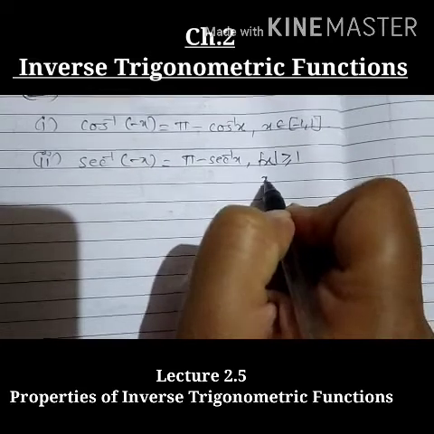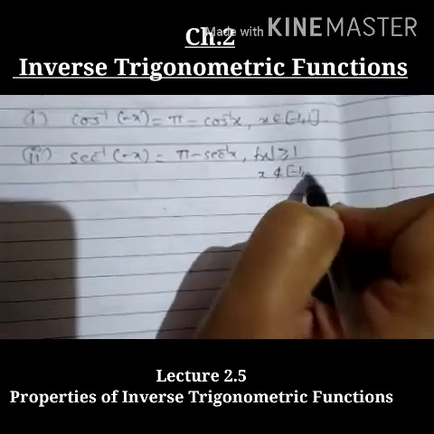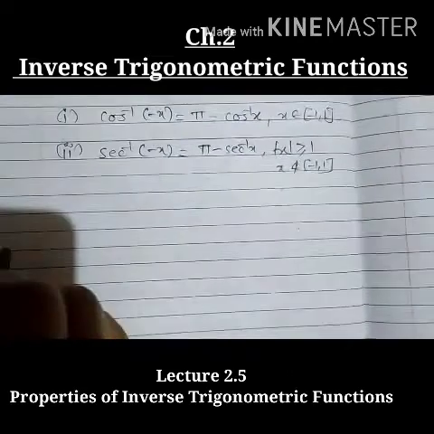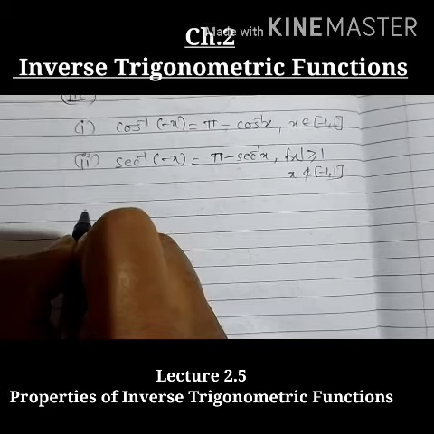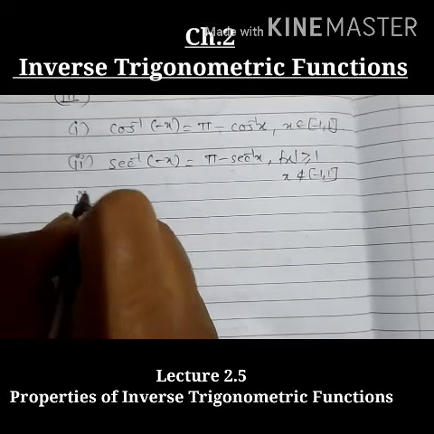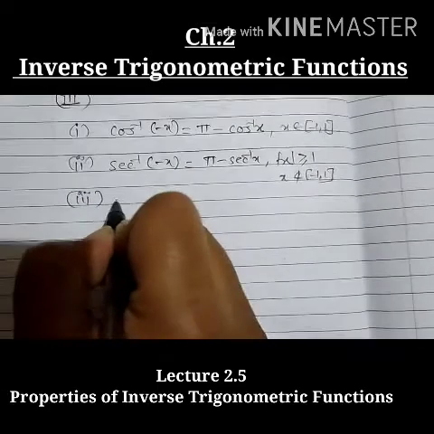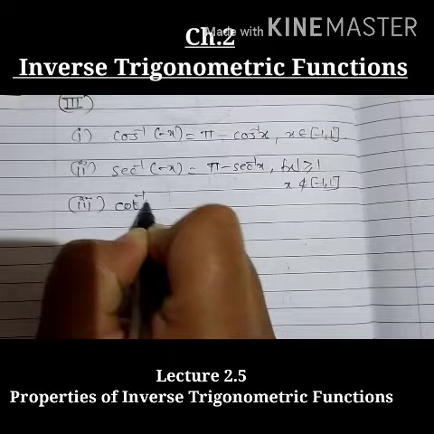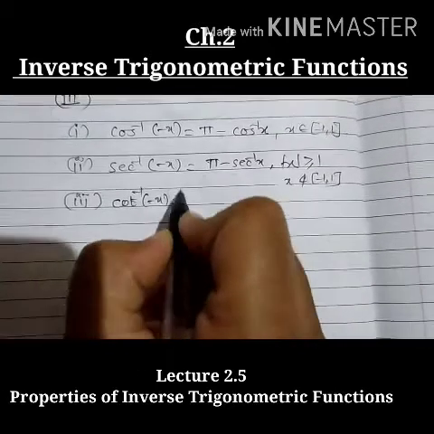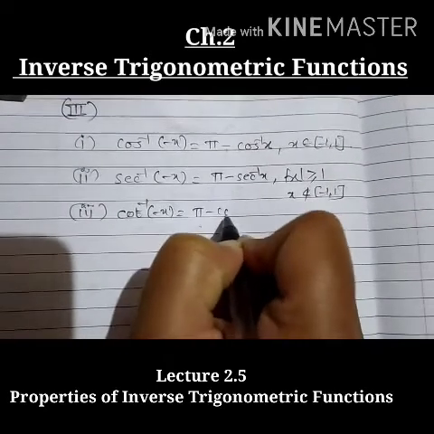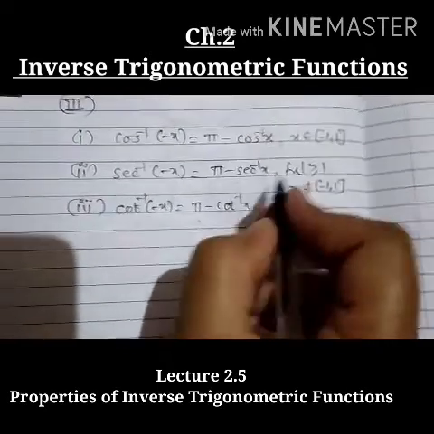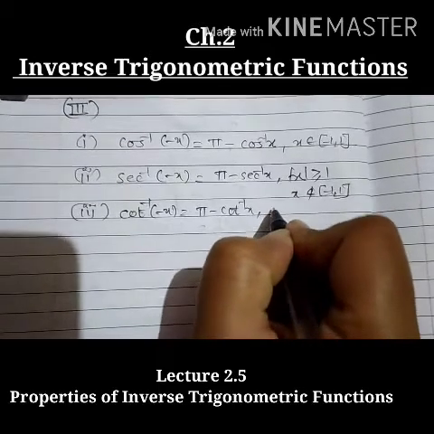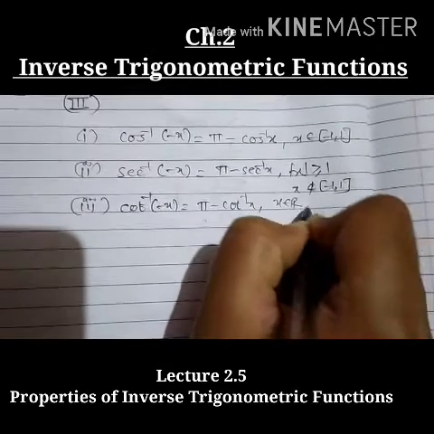That means x does not belong to the closed interval minus 1 to 1. Getting? Third one, cot inverse of minus x is pi minus cot inverse of x, where x belongs to the set of real numbers.